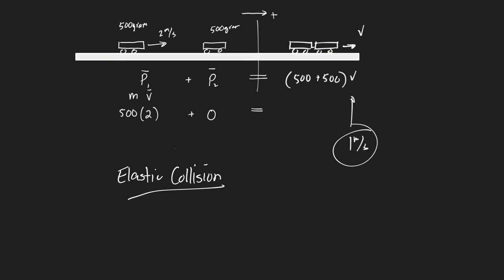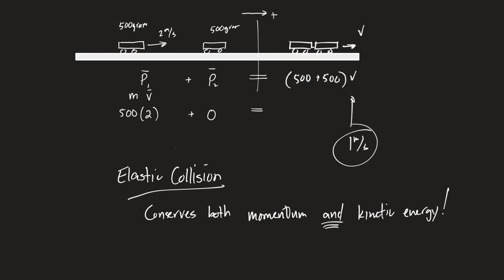But an elastic collision conserves both momentum and kinetic energy. Okay, so in an elastic collision, both momentum and kinetic energy are conserved.